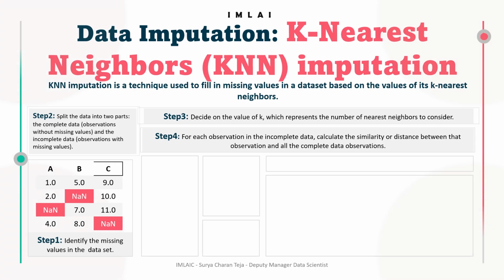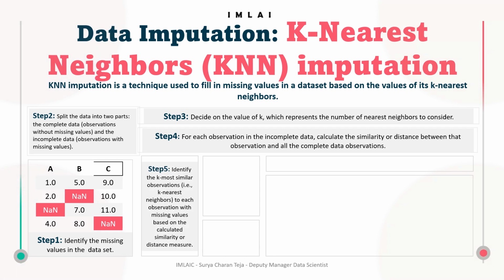So the distance or similarity measure is used to determine the closeness of observations, how close they are. Then step 5, select K nearest neighbors: identify the K most similar observations to each observation with missing values based on the calculated similarity or distance measures. These K nearest neighbors will be used to estimate the missing values.